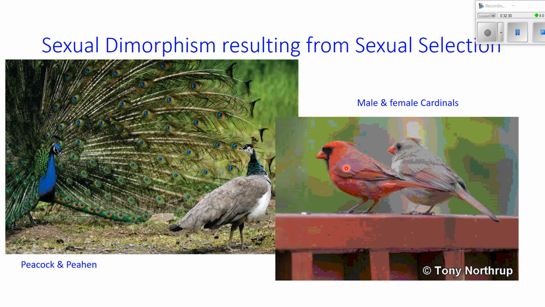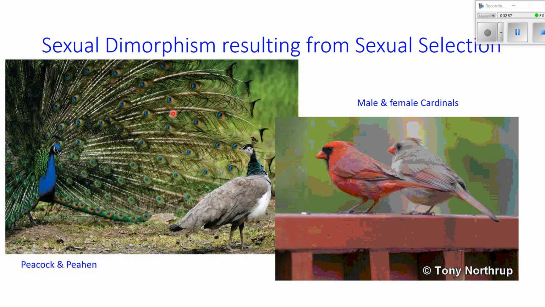If you think about tail plumage on a peacock, natural selection would never favor that. He has to drag this long tail around when he's looking for food, pecking the ground, walking around the vegetation looking for food. He's constantly dragging around this large tail that makes him very prone to being caught by predators.